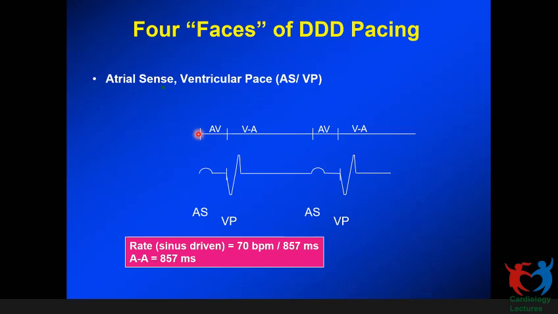So you program a lower rate sufficiently low to allow intrinsic atrial activation to be sensed by the pacemaker. On sensing, of course, it will start the AV interval. And because the patient is an AV block patient, it delivers a V pace at the end of the AV interval. So this, like the other two sequences, also provides AV synchrony.